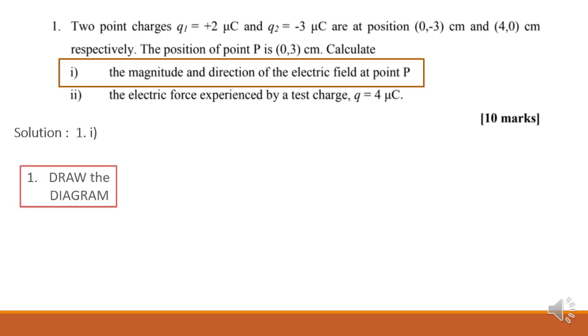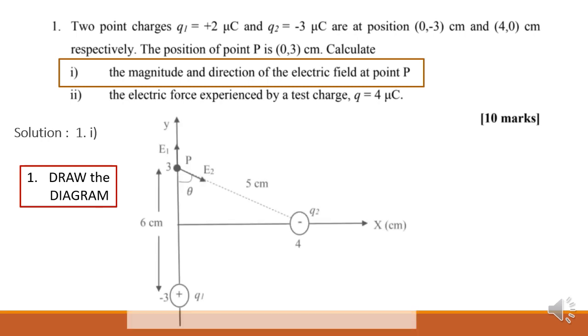Okay, first we have to draw the diagram. So the diagram that we draw must base or refer to the question. Okay, so kita dah dapat diagram ini. Kita cuba lihat apa yang kita lukis dekat sini. So yang pertamanya charge Q1 is at position 0 at x-axis and negative 3 at y-axis.